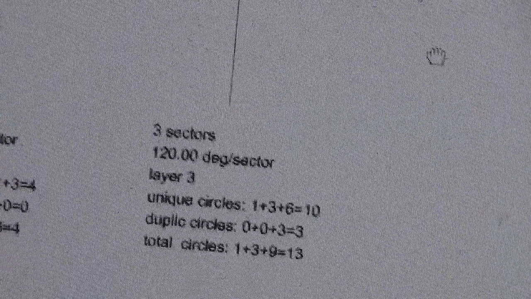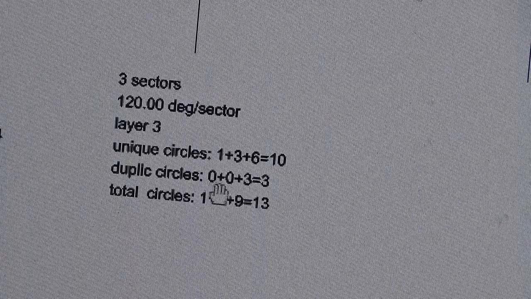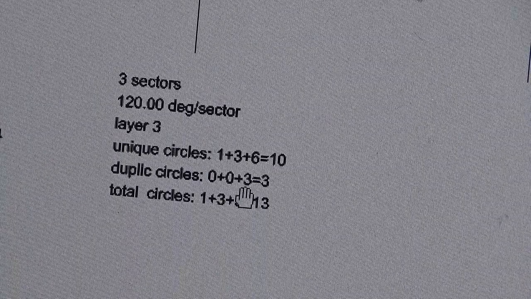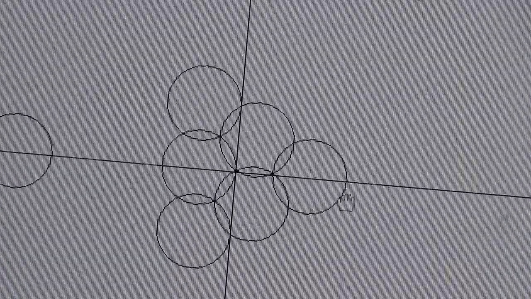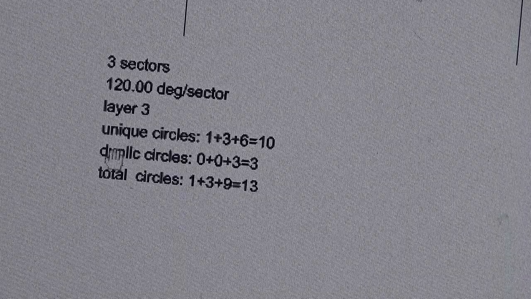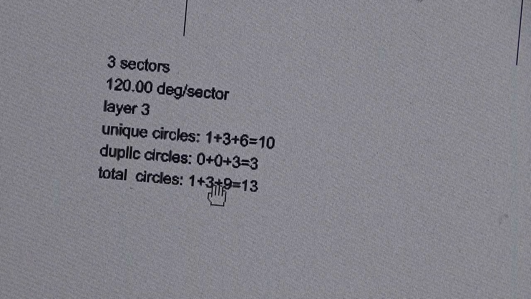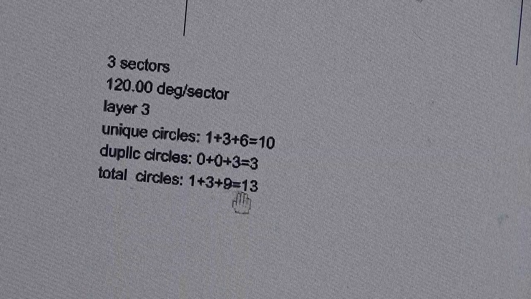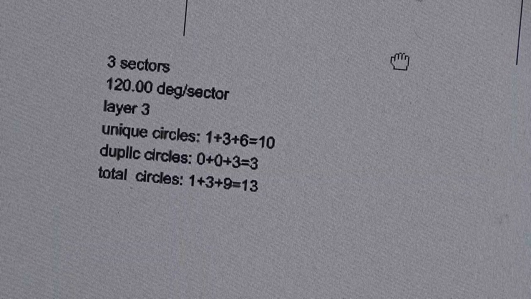Yep, that's right. And there's no duplicates on the first 2 layers. There's 3 duplicates, overlaps on this layer. So a total of circles that have been drawn or calculated, anyway tried, are 13 so far.